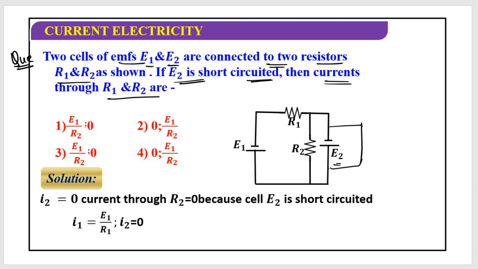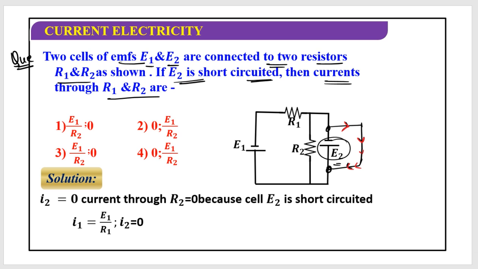If E2 has been short circuited, no current is passing through it, because as we discussed when we were discussing open circuit and short circuit, when the situation is of short circuit, the current is not going to pass through here, because the current has a path which is less resistive, and it will choose that path, so it will bypass this.